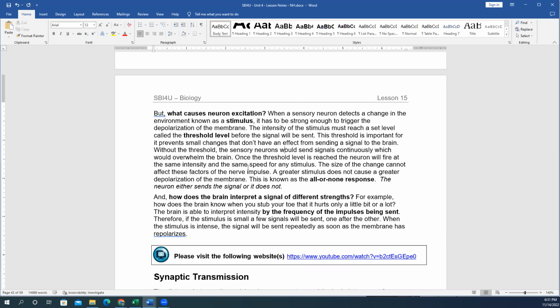So if you have a greater stimulus, it doesn't necessarily cause a greater depolarization of the membrane. This is called the all or none response. In this case, the neuron will either send a signal or it does not. So it's an all or none.